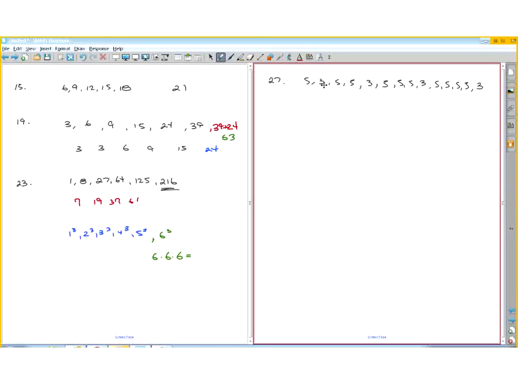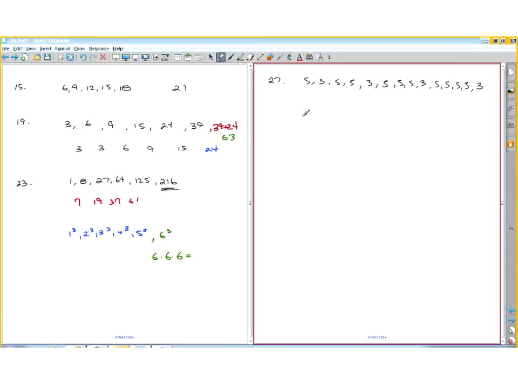So what we're seeing here is just the numbers 5 and 3. We go 5, 3. Then we have 5, 5, 3, so we have 2 5s before the 3. Then we have 5, 5, 5, 3, 3 5s before the 3. Then we have 5, 5, 5, 5, 3, so there are 4 5s before the 3.